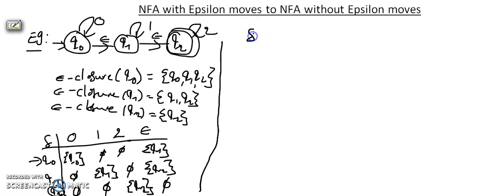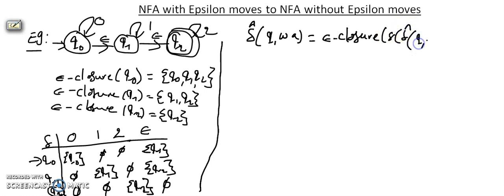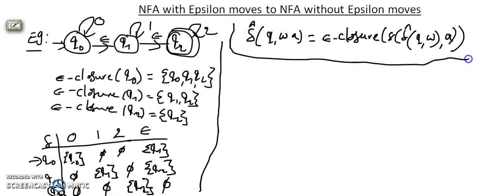In the last class we discussed the delta cap of Q comma WA equal to E closure of delta of delta cap of Q comma W, the remaining string, with A. This is the delta cap formula. So first we have to remember this formula.